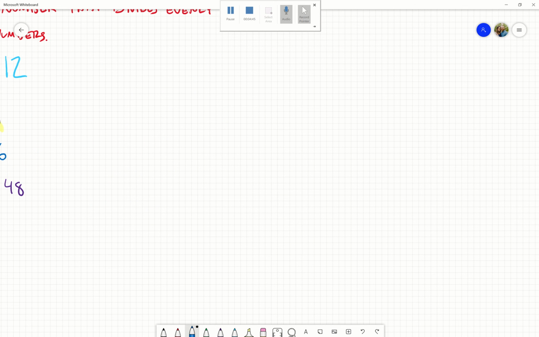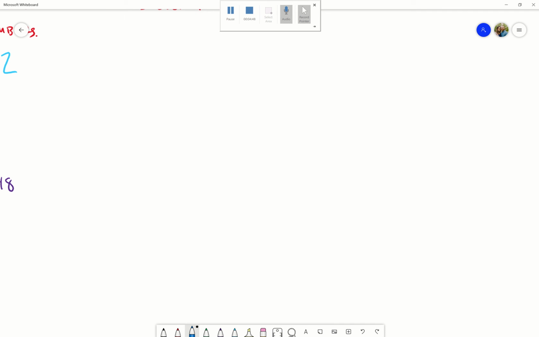Okay, so we're going to use prime factorization on these same three numbers, 24, 36, and 48, and we're going to see what we can do once we know the prime factorization of these three numbers. All right, so 24.